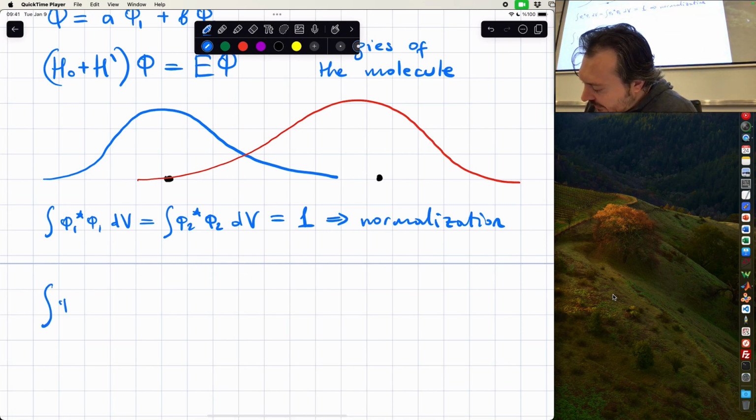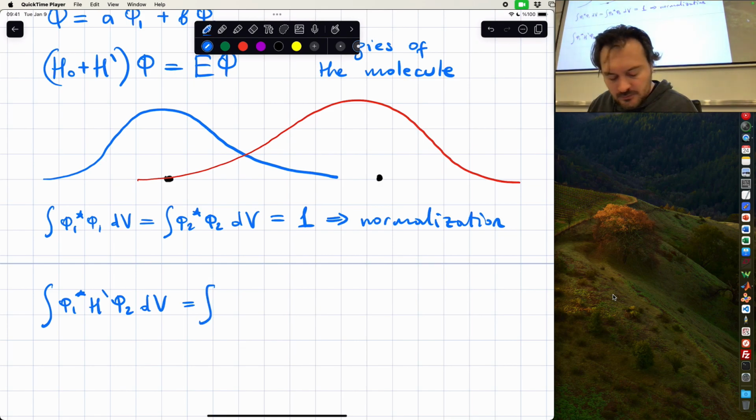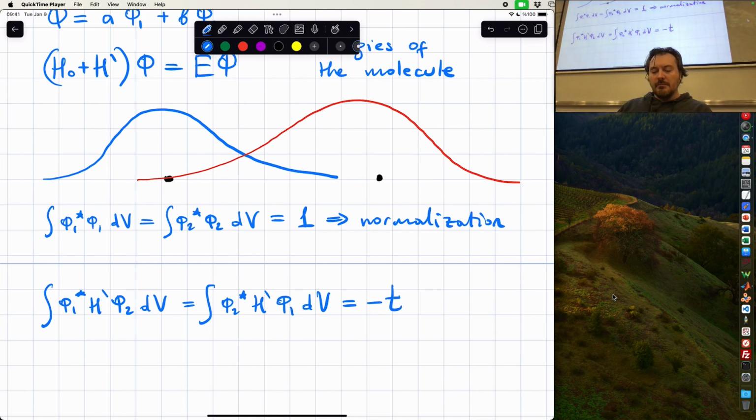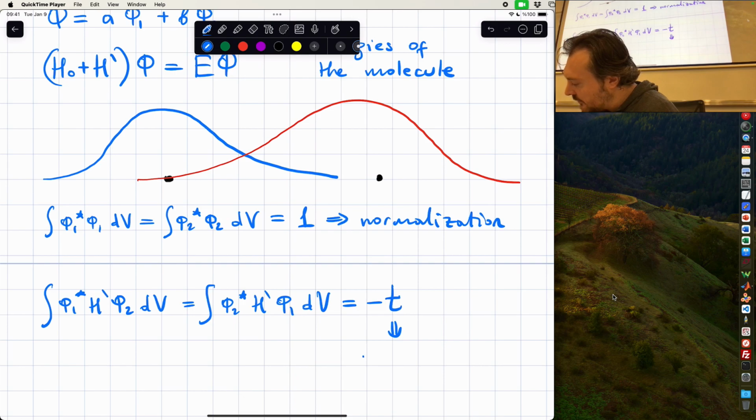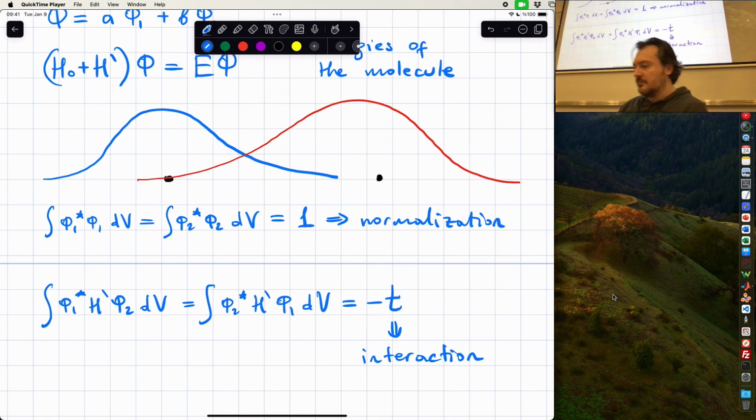The integral of phi 1 star H prime phi 2 dV equals the integral of phi 2 star H prime phi 1, simply because of symmetry, and this is minus t. There is some value that comes out of this integral, and it's negative usually, and this will define the interaction. Do you see how it defines the interaction?